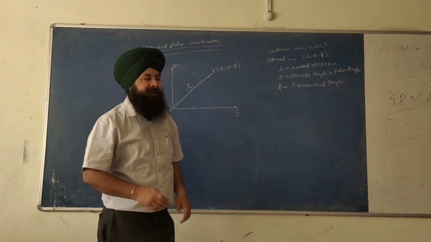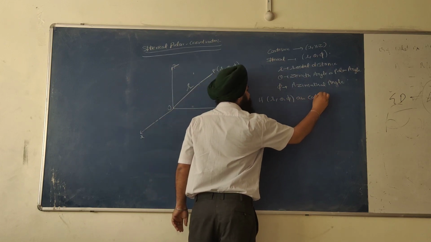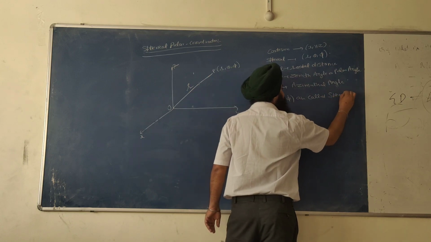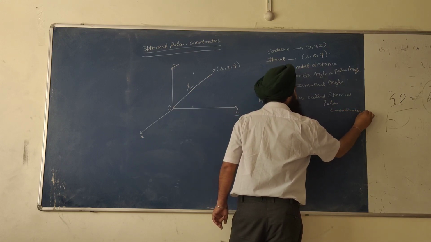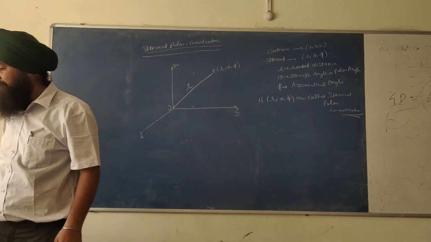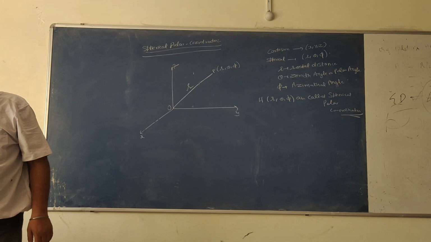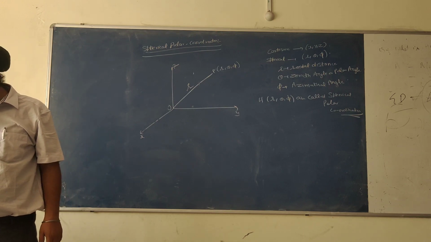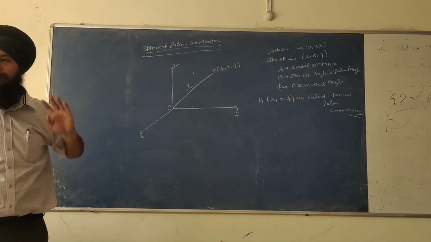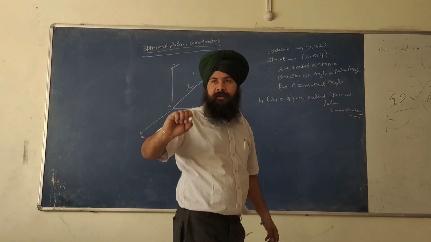If r, theta and phi are called spherical polar coordinates of the point P. Next point is, please write with the red pen.